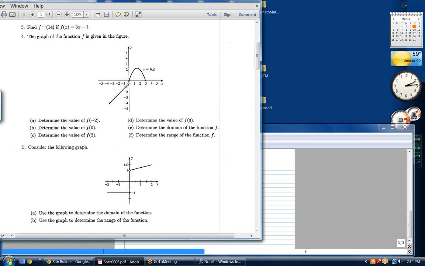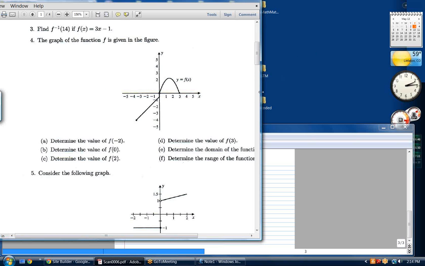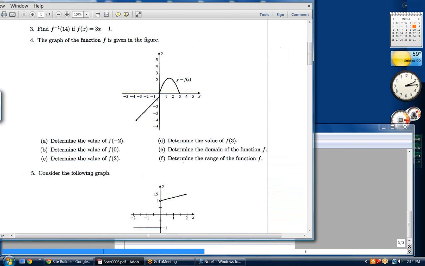It appears to be negative 1/2. Let me blow this up just a hair. Now can you see that that's an open circle right there, and that if you're evaluating f of 0, you have to go to this point right there, which is about minus 1/2 on the y-axis.